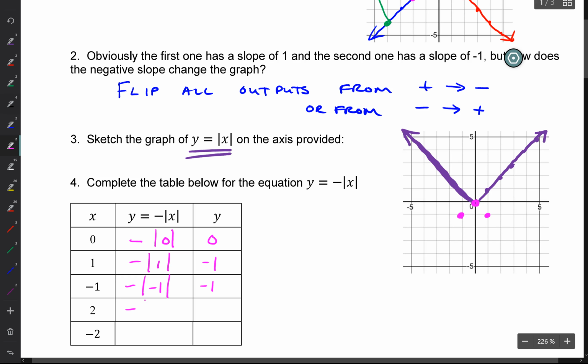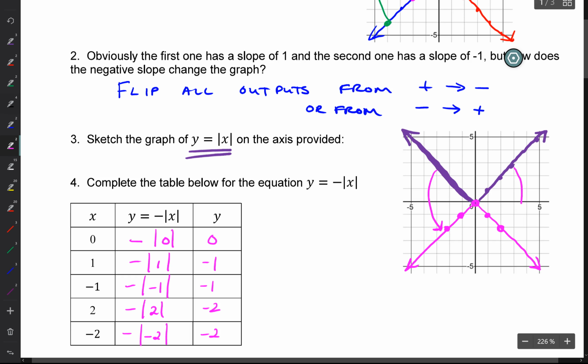And very quickly you begin to see that this graph is going to be a flip of the purple graph over the x-axis. And so it's symmetrical over the x-axis, and the magenta graph is a flip over the purple graph when we change the outputs.